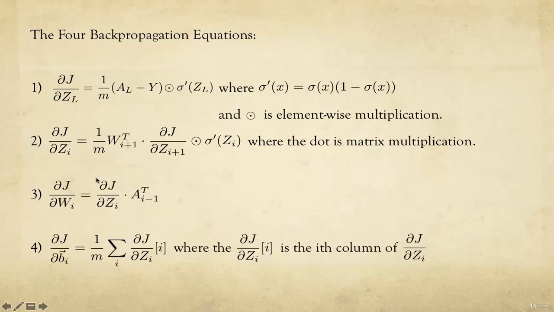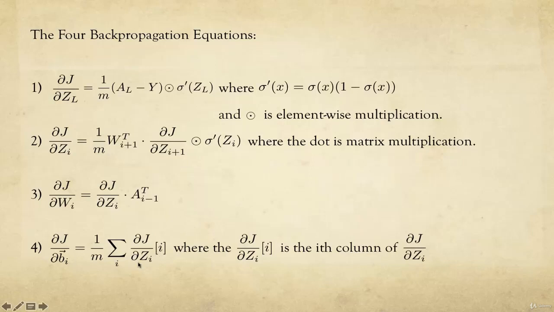So notice the theme here is that if I know dJ/dZi, that can help me find dJ/dWi and bi. We don't really directly need dJ/dZi. We need dJ/dWi and bi because those are the gradients that we need to update our parameters. Zi is just an intermediate step that can help simplify the calculation. So we go through dZi just to get to the Wi and bi.